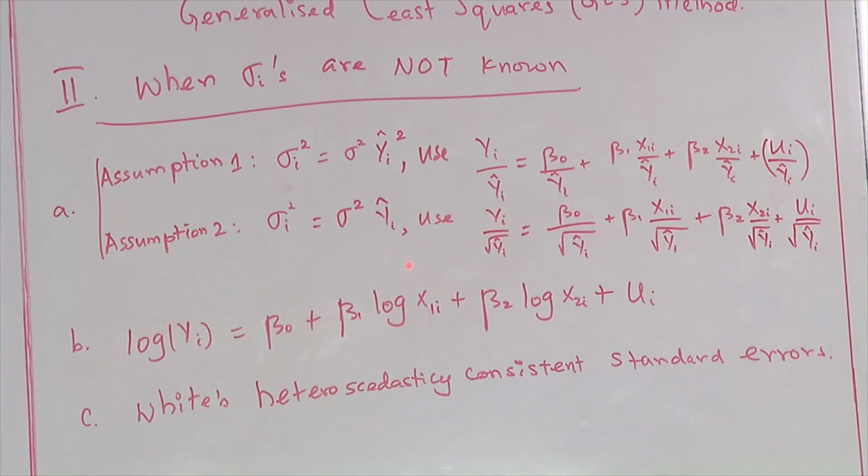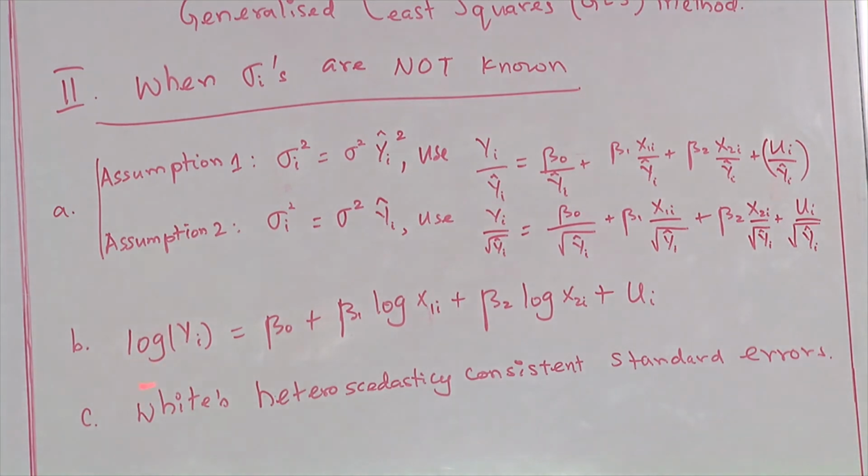So, with this heteroscedastic structure, the error of this equation, u_i by the square root of y_i hat, will yield a homoscedastic error, and so this transformation will get us the BLUE estimates. So, these two are no trial and error methods. We can test afterwards, and if the heteroscedastic problem still exists in this error, then we have to look for other methods.